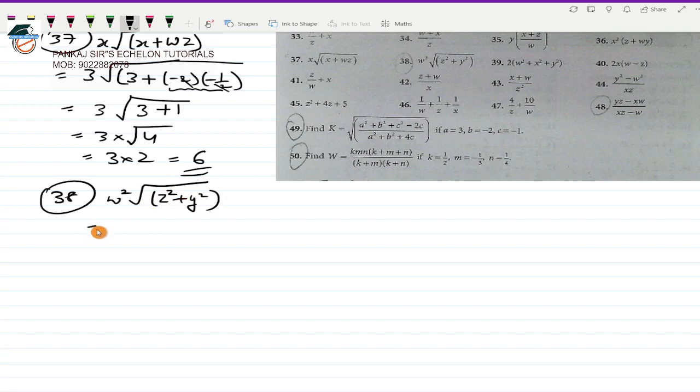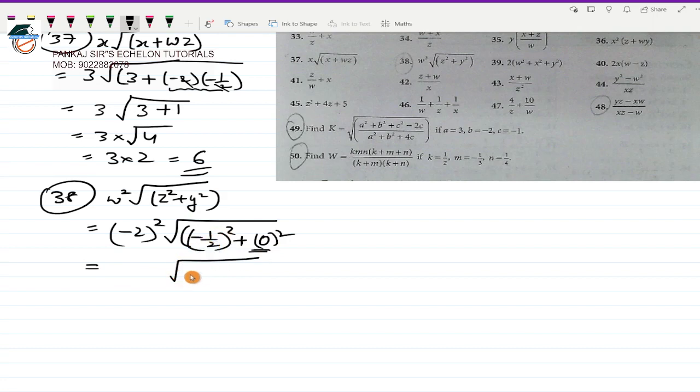Okay, so let us plug in the values. w will be minus 2 square, then a square root. z is minus half square, plus y is 0, so 0 square. From inside, 0 square will be 0, so this is gone. Minus half square, minus square will be plus, 1 square is 1 and 2 square is 4, so 1 by 4.